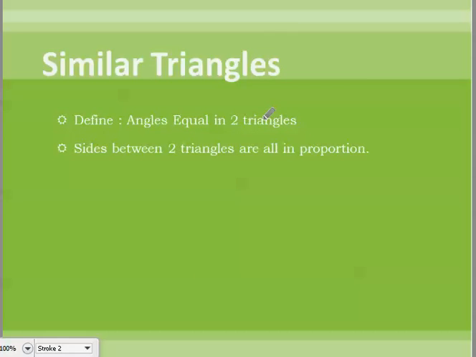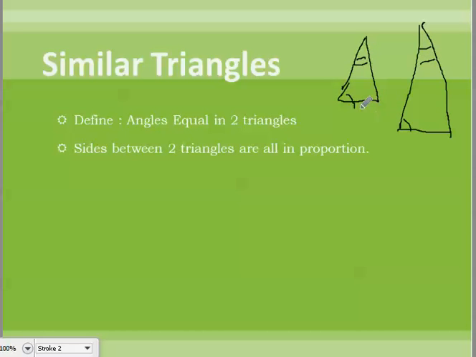Going forward. So, similar triangles. Angles equal in 2 different triangles. So we've got 2 different triangles like this, and we've got to have at least 2 angles on these 2 triangles that are equal to each other, 2 corresponding angles that are equal to each other.